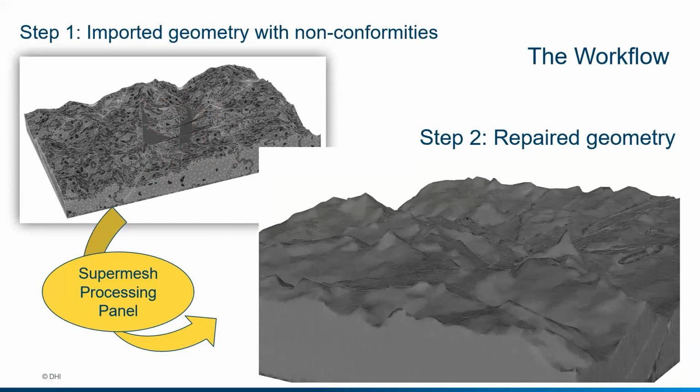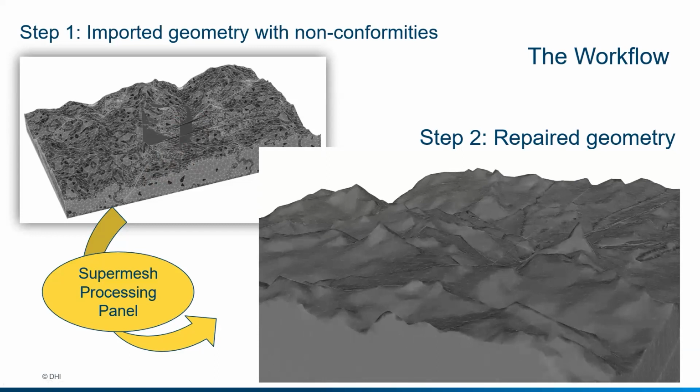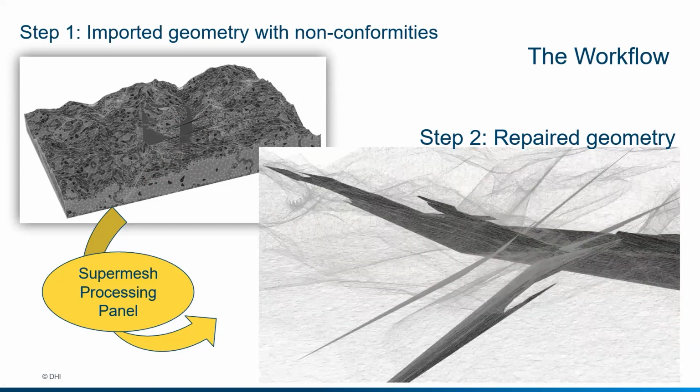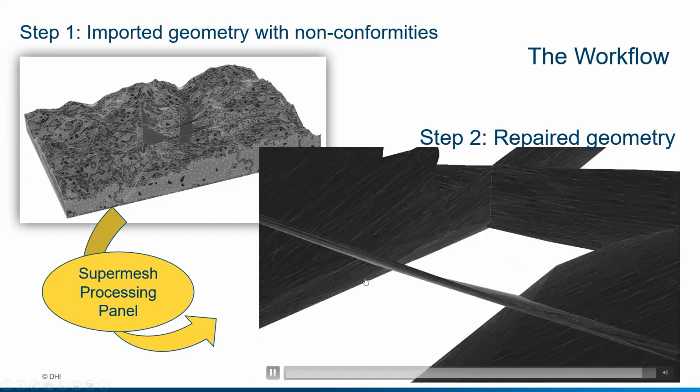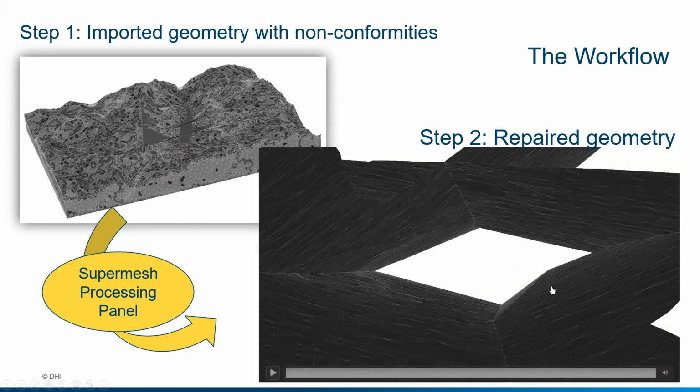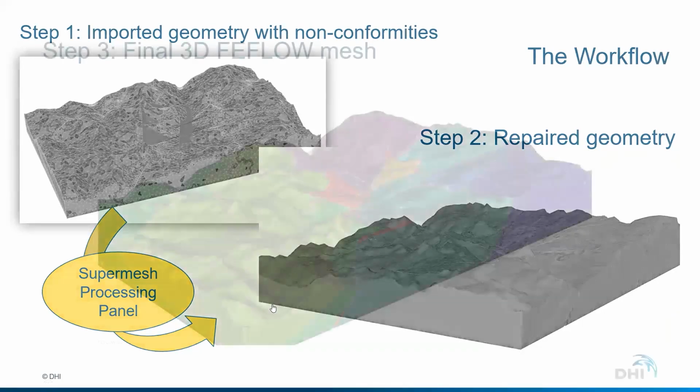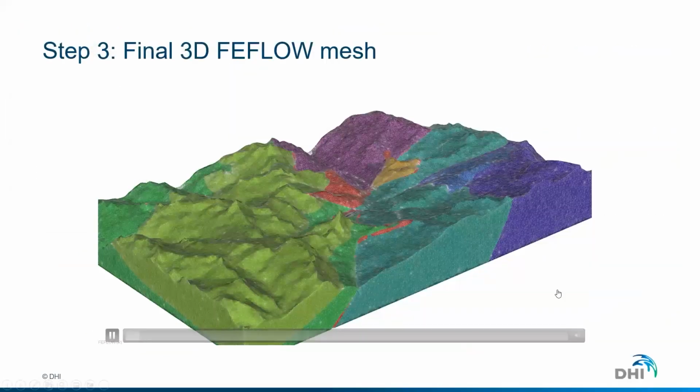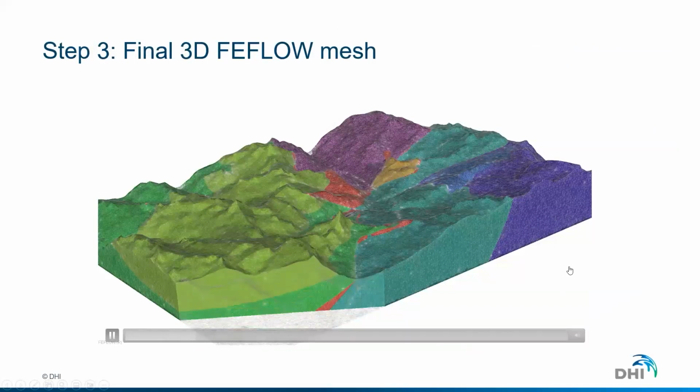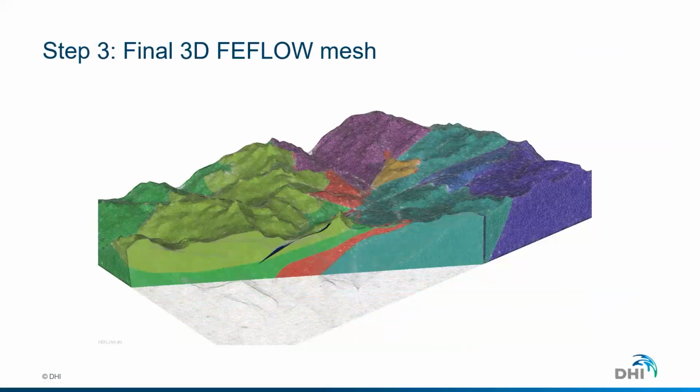It identifies potential areas of conflict, and looking inside the model, it verifies and identifies the potential conflicts, and it will repair them. That's one step. The other step is that you can improve the quality of the mesh by retriangulating the surfaces, the inner or the outer surfaces. This means that at the end, you have more possibilities to end up with a fully unstructured FEFLOW model.